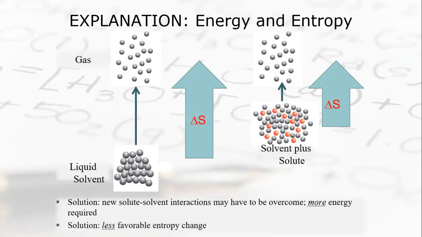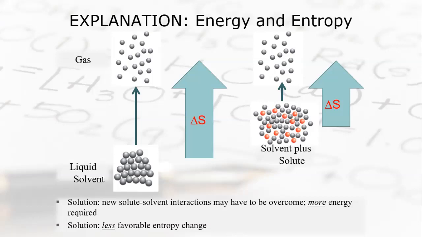So that means that now in the solution, the molecules of the solvent are not as enticed, let's say, or stimulated or motivated. I'm talking like these things are thinking for themselves, but anyway, you get the idea, right?